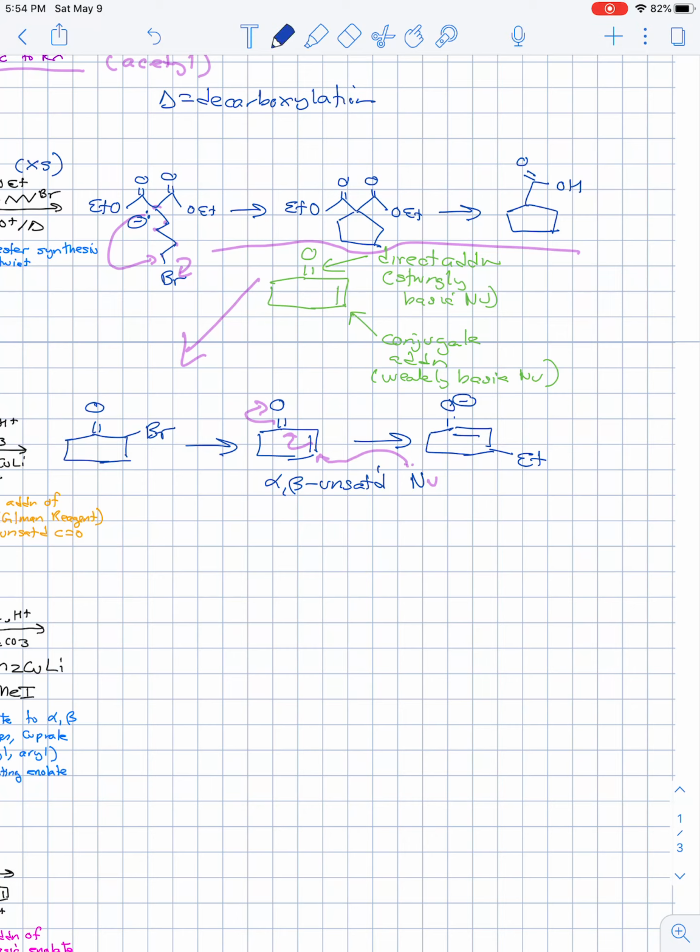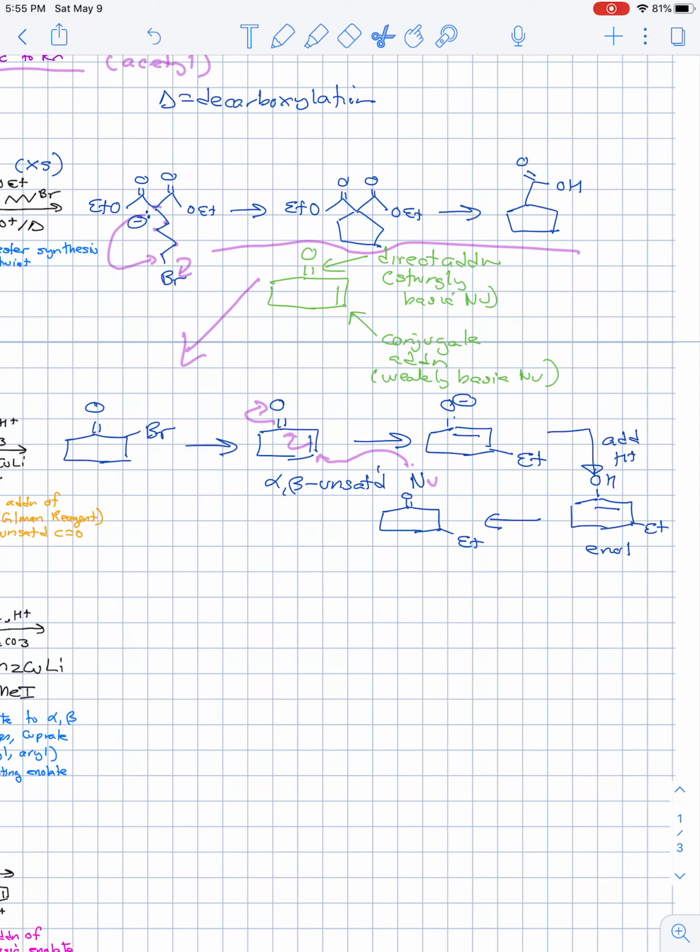And then when you add the acid, 2 things happen. The first thing that happens is that you protonate the oxygen. This is an enol. Enols are not stable relative to the keto form. And so this does an enol keto tautomerization.